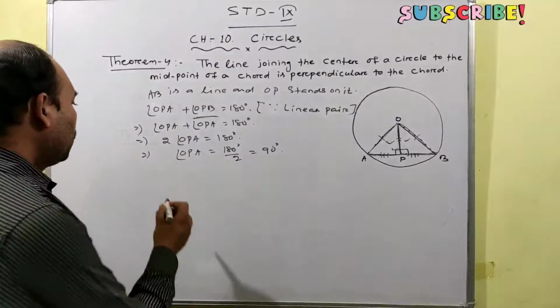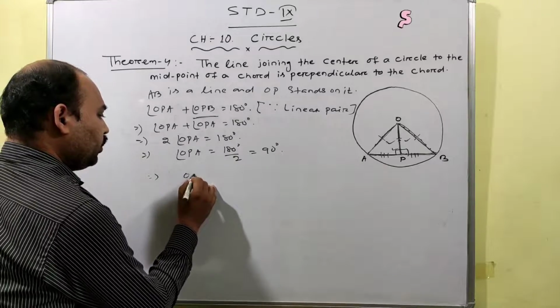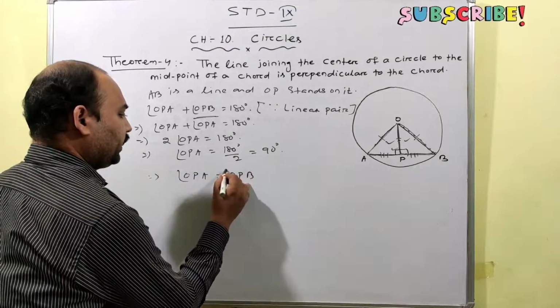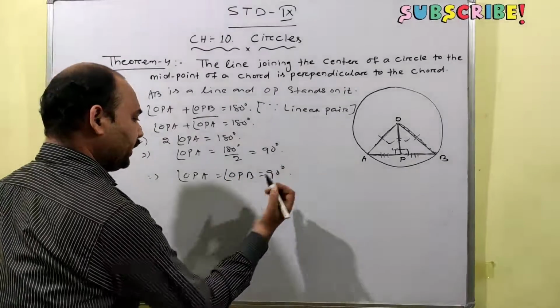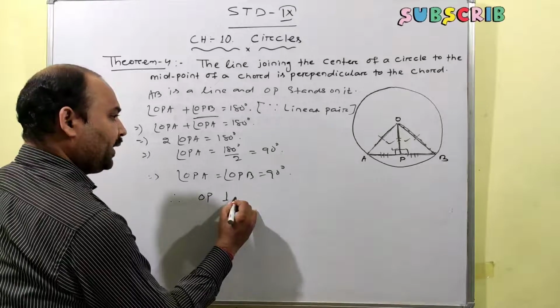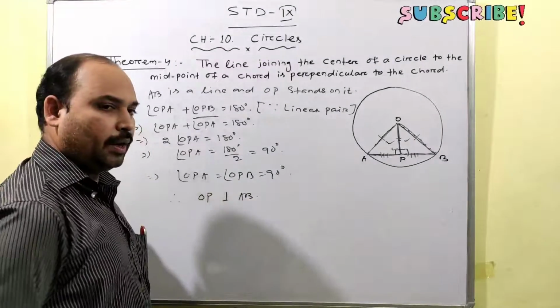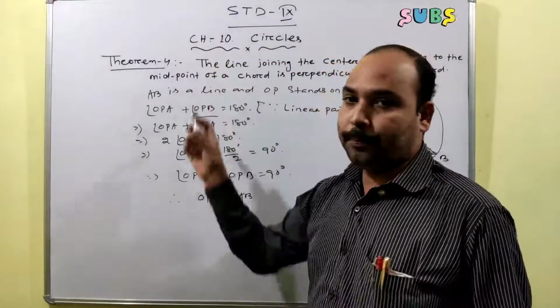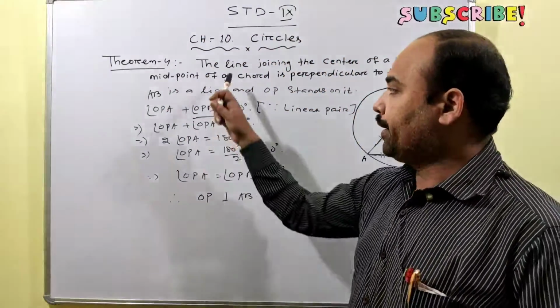Now, you got here OPA angle is equal to OPB angle equal to 90 degrees. So we can write OP perpendicular to AB. Clear? In this way, we proved this theorem. What is the theorem?